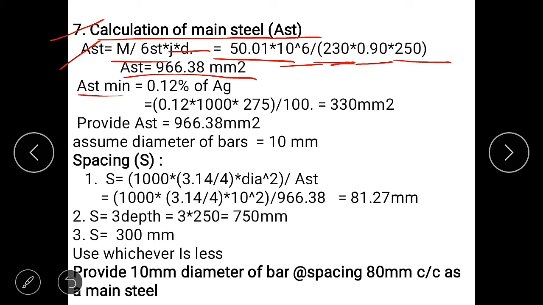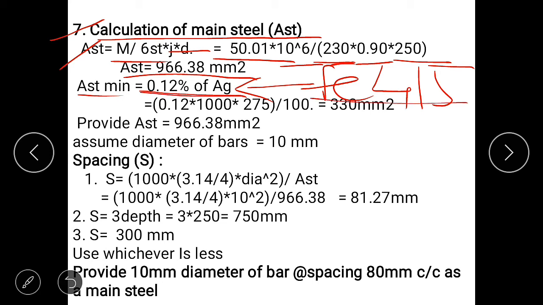Now for minimum AST, we already studied: if Fe415 is given, take 0.12 percent of Ag. If Fe250 is given, then take 0.15 percent of Ag. 0.12 Ag means B into D, capital D. B is 1000 and D is 275, divided by 100 for percentage.